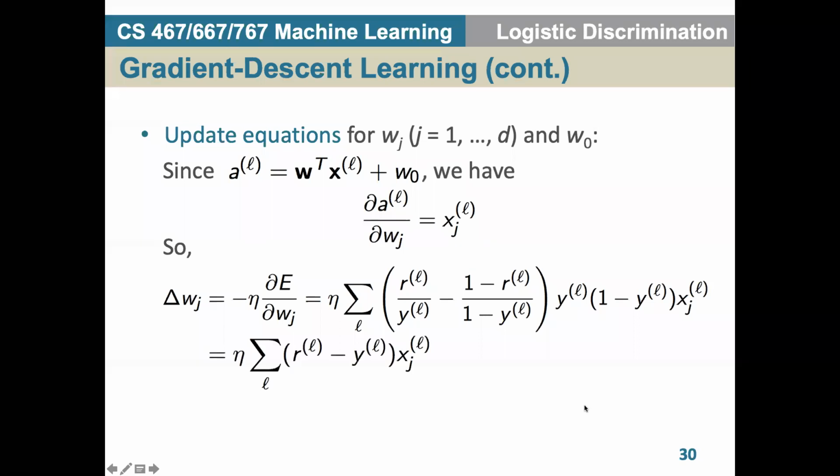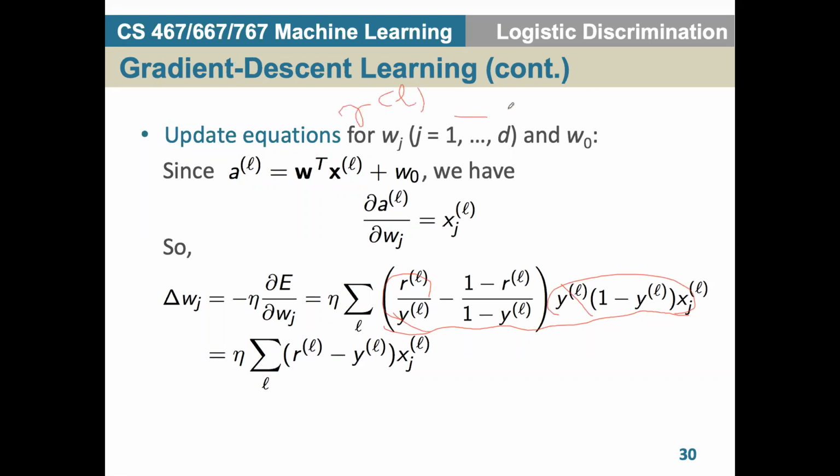Next, we can actually simplify the log. Let's see why. This is very nice. If you look at these two terms, this times this gives you what? Because this y cancels, this is RL minus RL YL. Then you have this term times these two terms, and this times these two cancels.